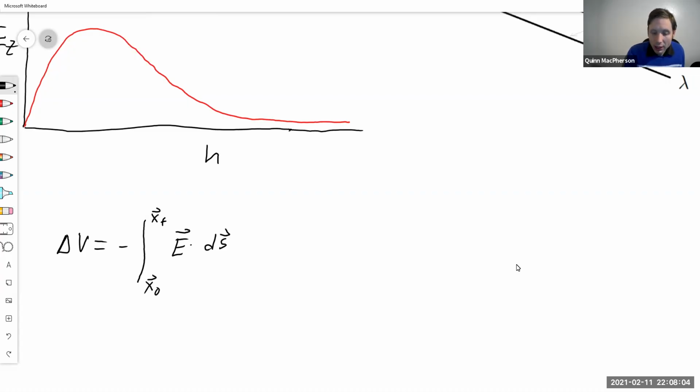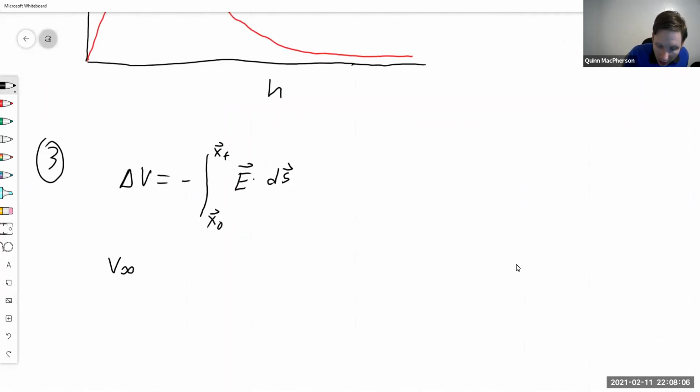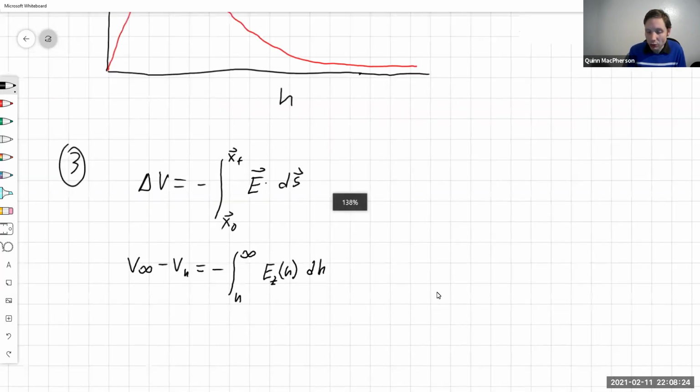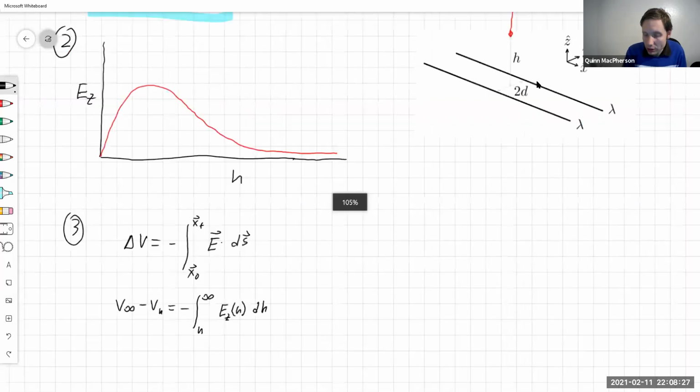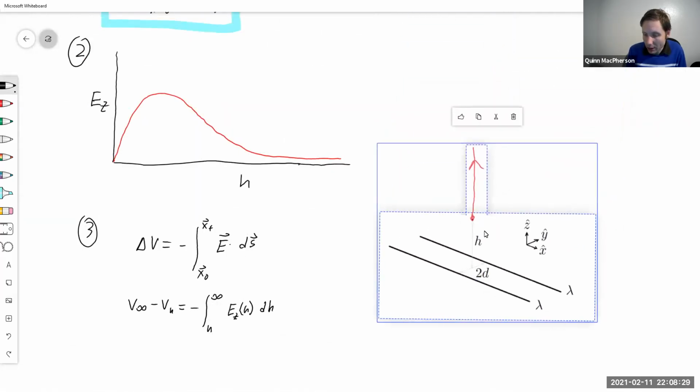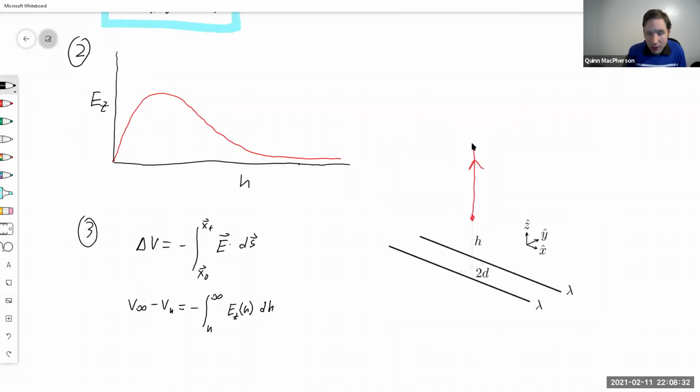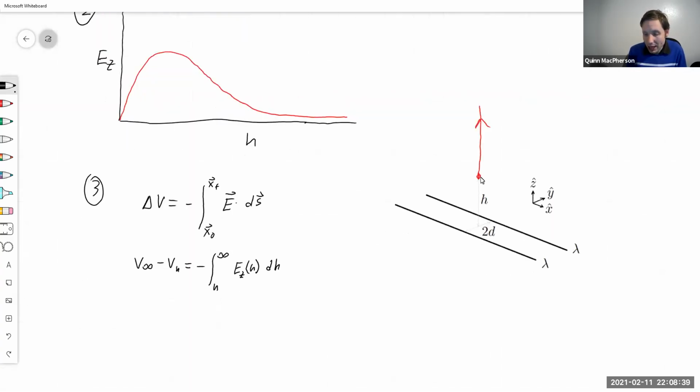In particular, for us, V at infinity minus V at h is equal to minus the integral from h to infinity of Ez as a function of h dh, because s is just the same as increasing h, since we're doing the path where we go from here up. So s is basically just h increasing, and the limits are going to be h and infinity.